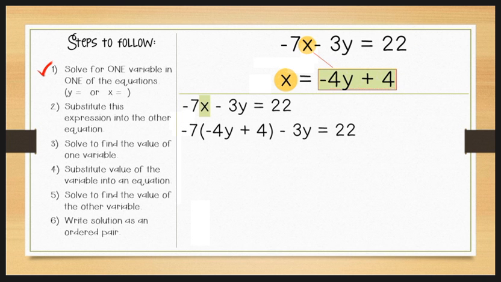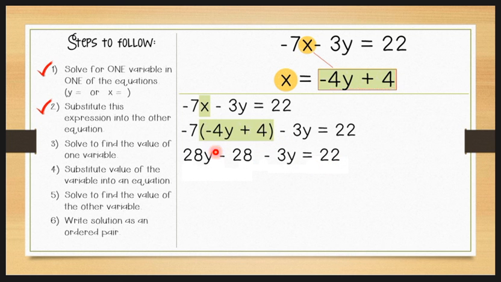So then we have now substituted that expression in, and now we would need to distribute. So negative 7 times negative 4y and negative 7 times a positive 4. So we would have 28y minus 28, and then bring down our minus 3y equals 22.